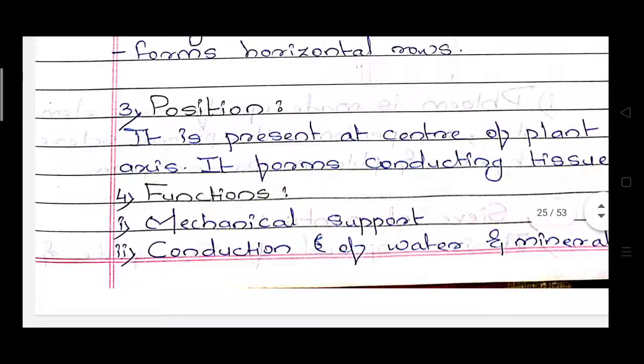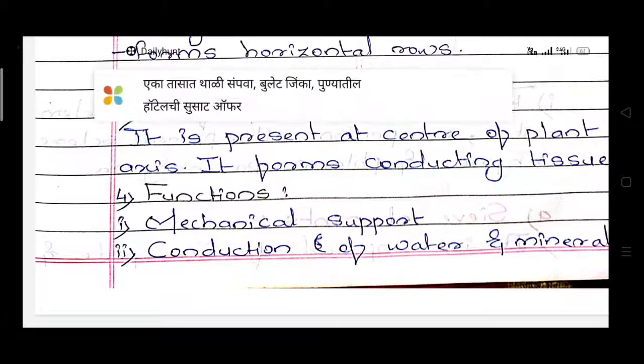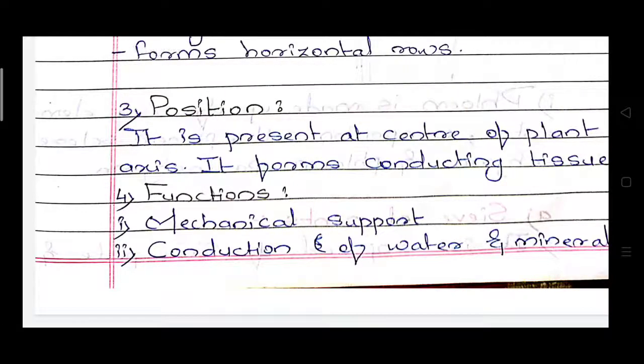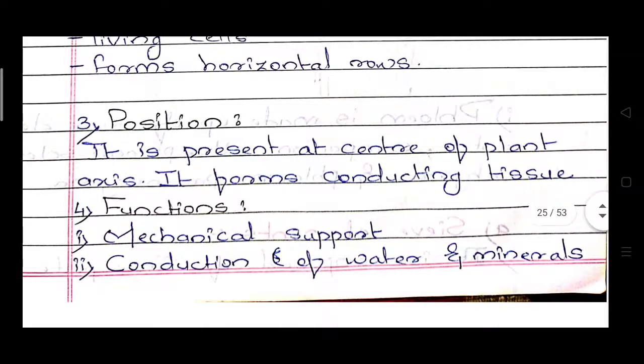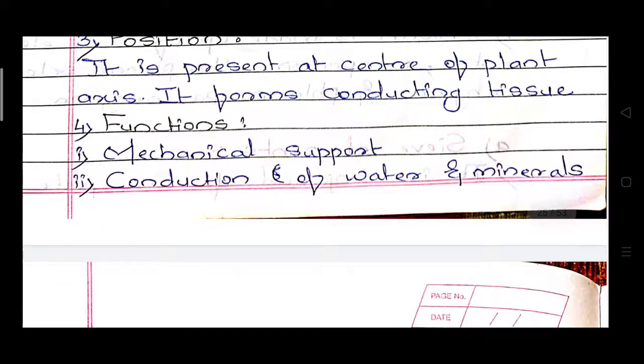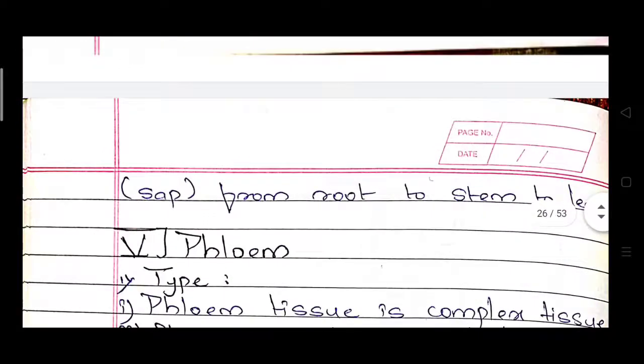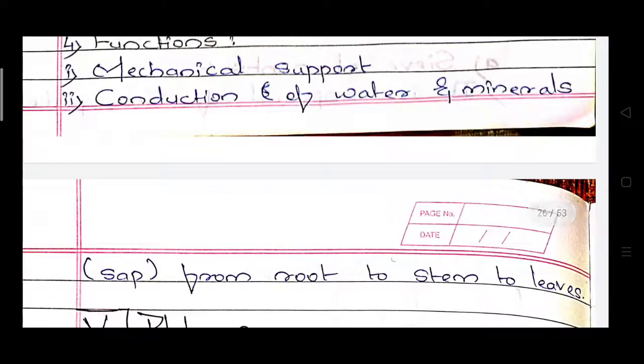The position of the xylem is mostly in the central part of the plant axis, and they form the conducting tissues. The main functions of the xylem are mechanical support and also the conduction of water and minerals, that is sap, from the root to the stem to the leaves.